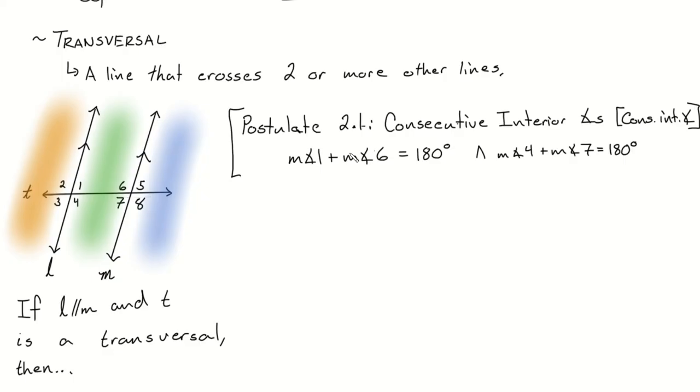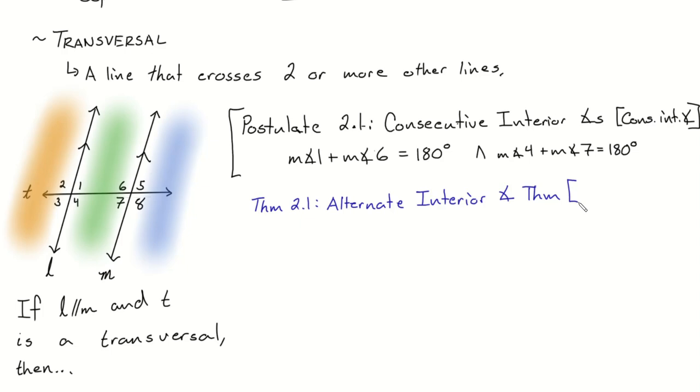Cool. All right. So let's get another one. We're going to now jump into theorem land. And here we go. Theorem 2.1. And we're going to look at the alternate interior angle theorem.